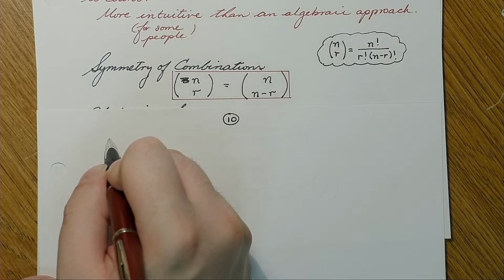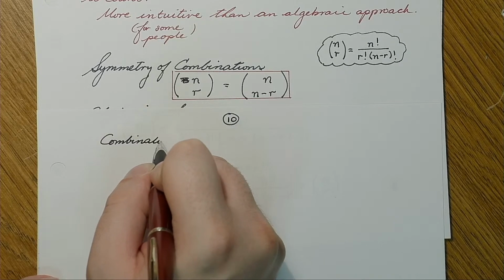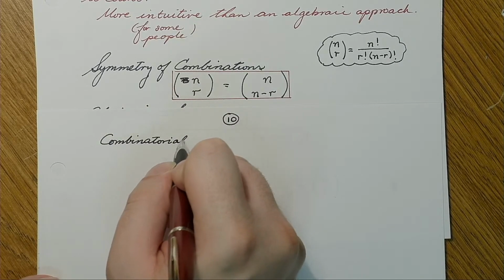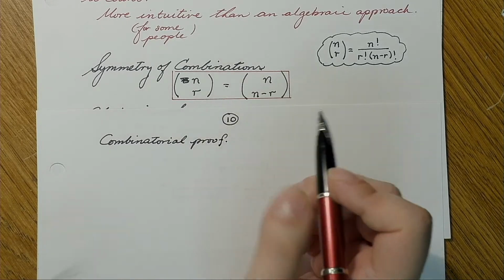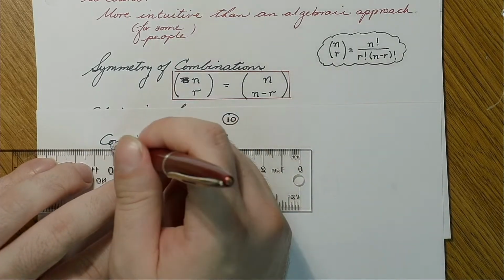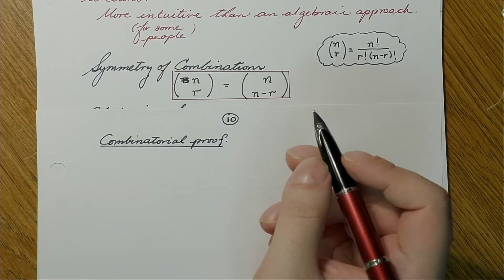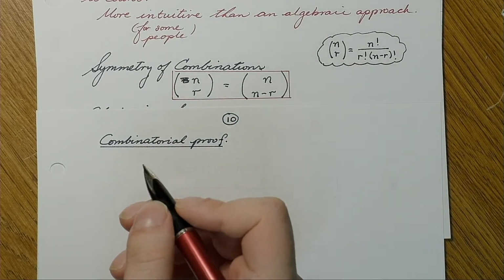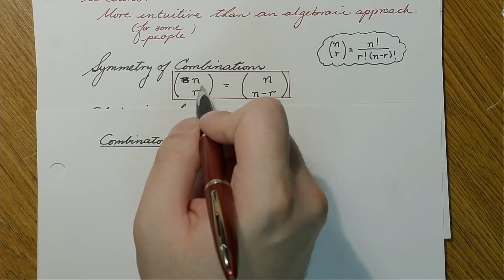Here is the combinatorial proof. So what I'm going to do is count it on one side.